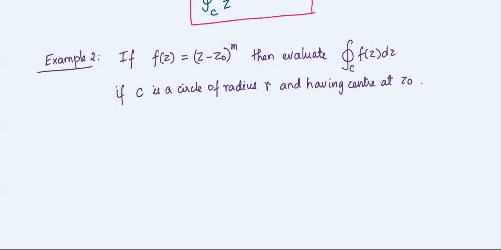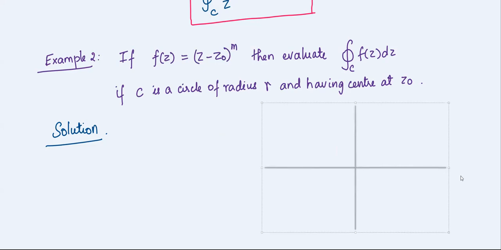So now we have to choose the path. This is real z, imaginary z. Now this is the point z naught.